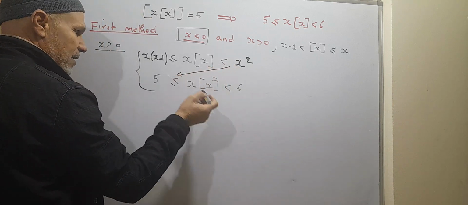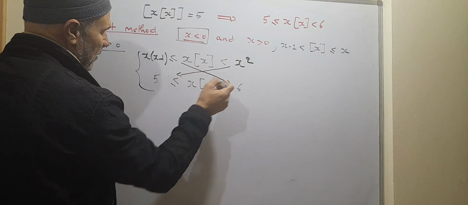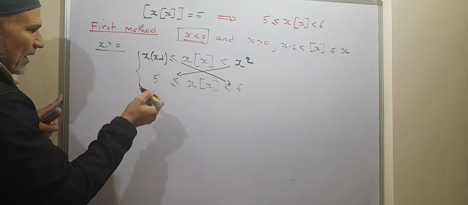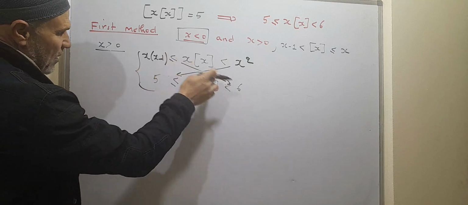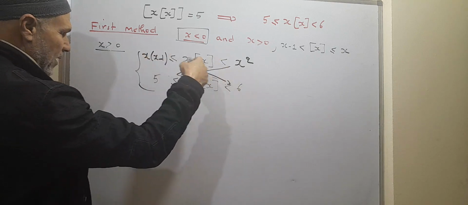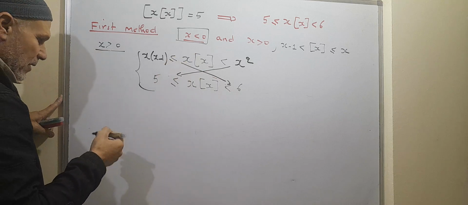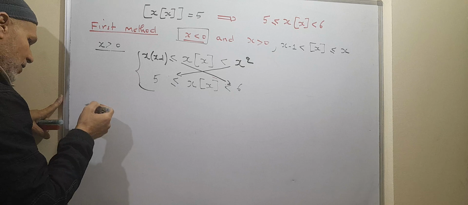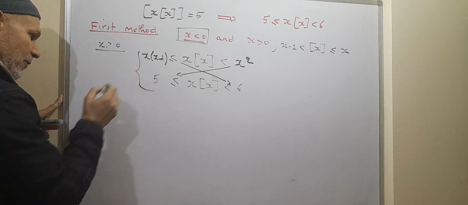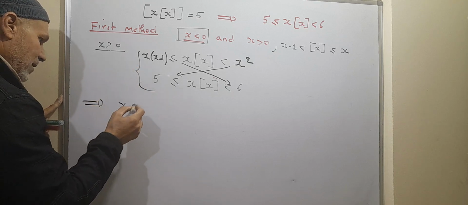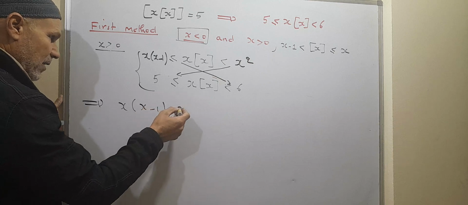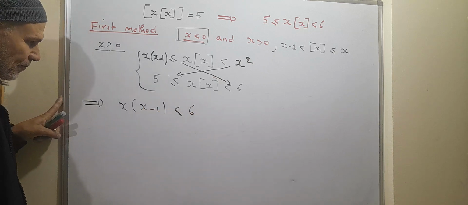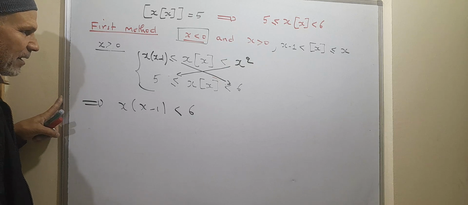We can use this double inequality to get what? In this case, we can just use, for example, this one. We can use them both and solve a system of inequalities, but just one is largely sufficient. From this, we deduce that x times x minus 1 is less than 6.